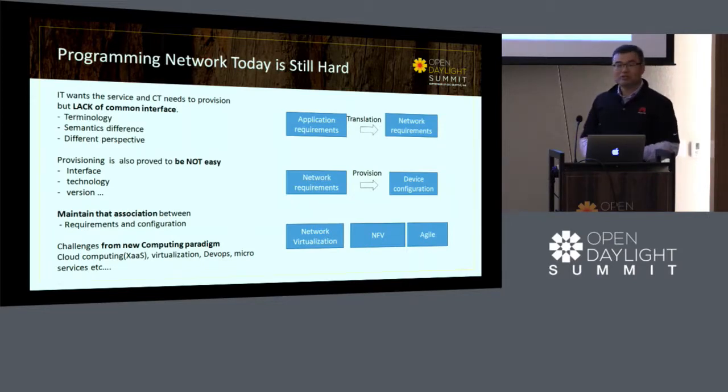And we're entering the new computing era: cloud computing, server virtualization, microservices, DevOps. Those new computing paradigms introduce more requirements on the network. You need the network to be more agile and virtualized, supporting multi-tenancy, etc. So making the network more programmable has become very, very urgent. The status quo provisioning may be okay, but now I think we cannot just wait. We have to keep up with server virtualization and the new computing technology.